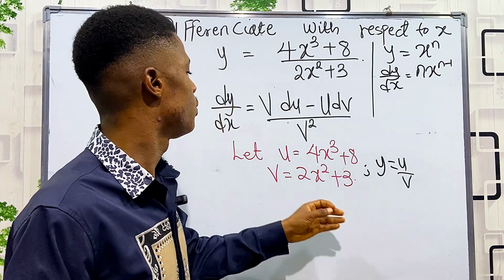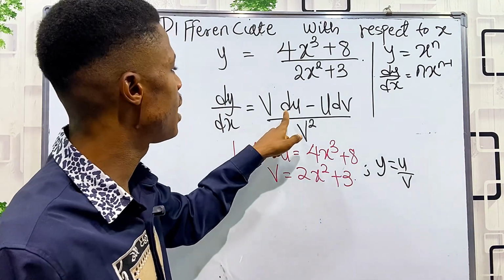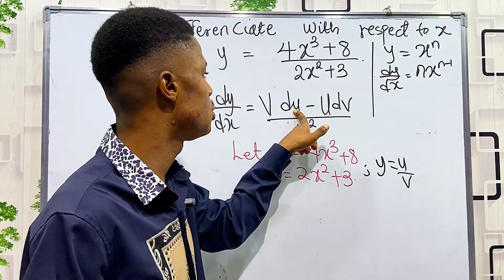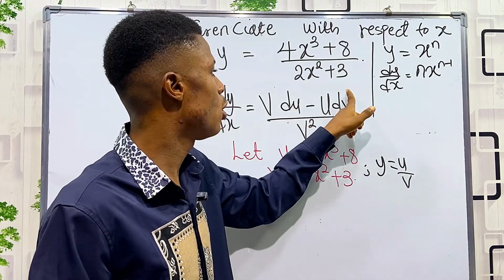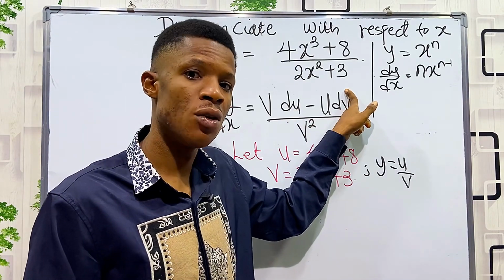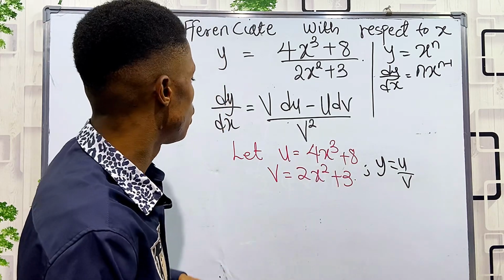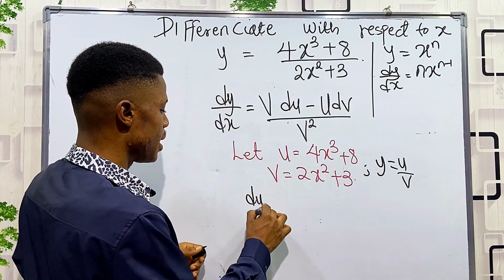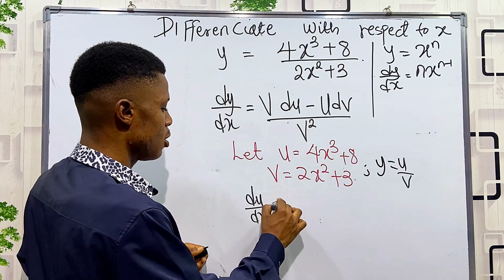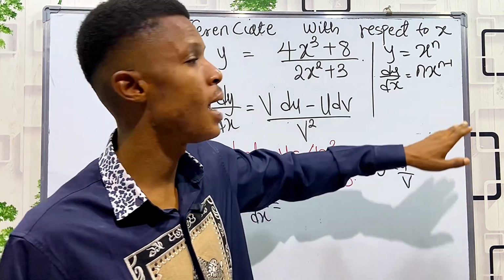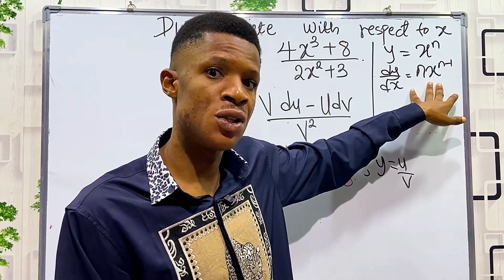Now, the first thing we do is differentiate u with respect to x, and also differentiate v with respect to x. So to differentiate u with respect to x, du/dx is equal to, we are going to apply the basic formula of differentiation.